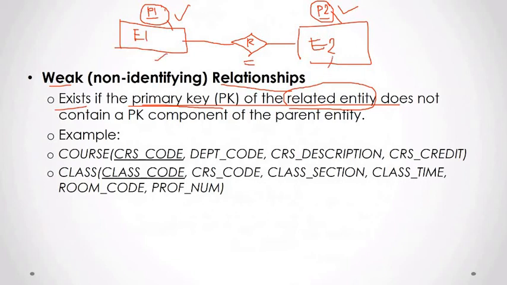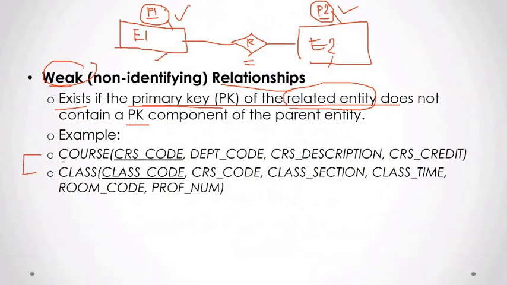These are their corresponding primary keys, and that's what is referred to by this. So if these two do not contain, or if this relationship does not contain the primary key component of the parent, then we call it a weak relationship.